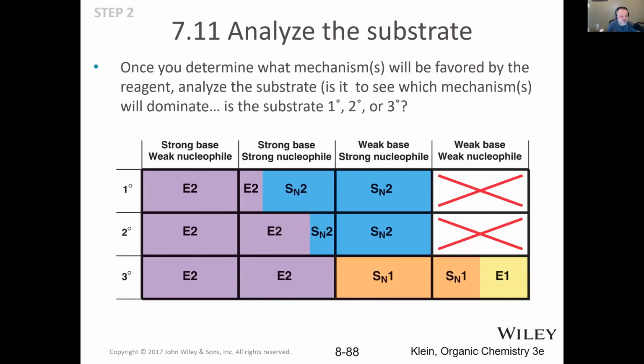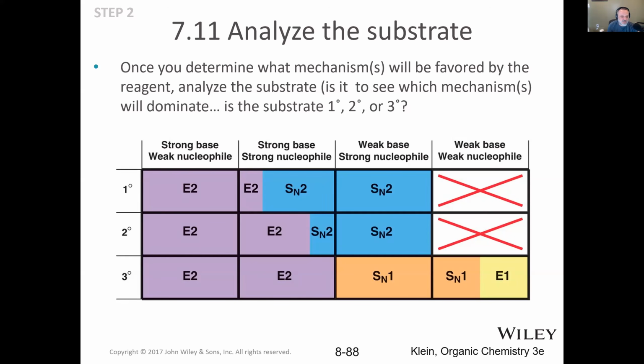So for instance, if you have a primary substrate and a very strong nucleophile, then the only reaction mechanism that's favored is the SN2 mechanism. If you have a tertiary substrate and a very strong base, then the E2 reaction mechanism is favored because the base is doing a proton transfer faster than the leaving group can leave.